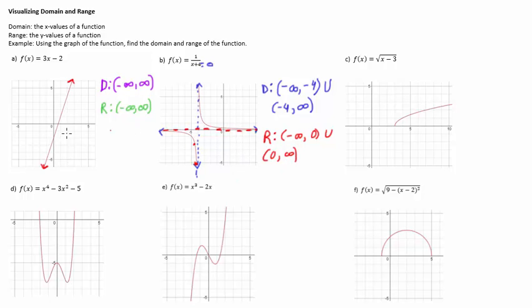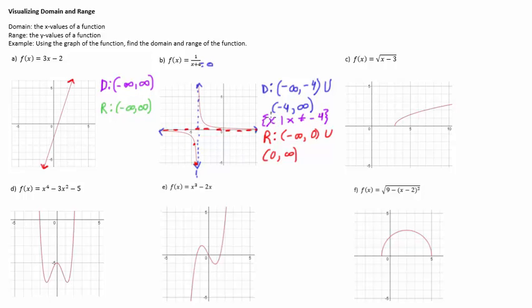Now, on these problems, the other way besides interval notation that you can write this is using inequality kind of notation. And so if we want to do that, for our domain, for example, we would use the squiggly brackets with our x, and then after this line, we could say x does not equal -4.